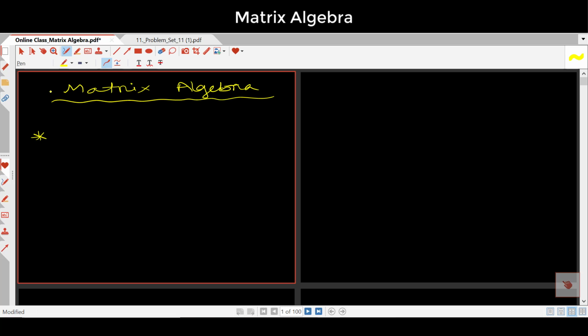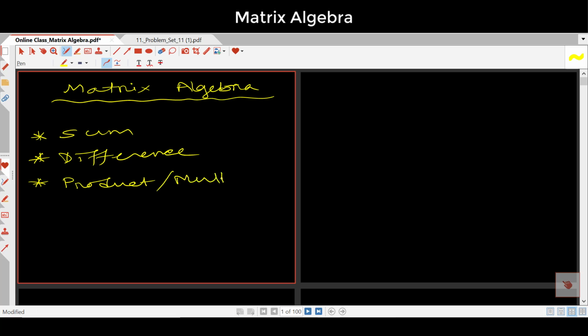So we are going to focus on the sum of two matrices, the difference of two matrices, and lastly the product, which is known as multiplication of two matrices. Difference is also known as subtraction. So summation, subtraction and multiplication.